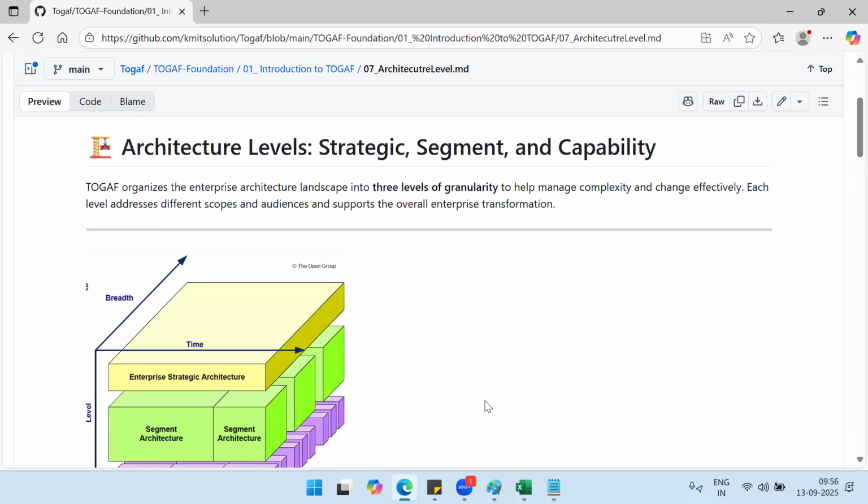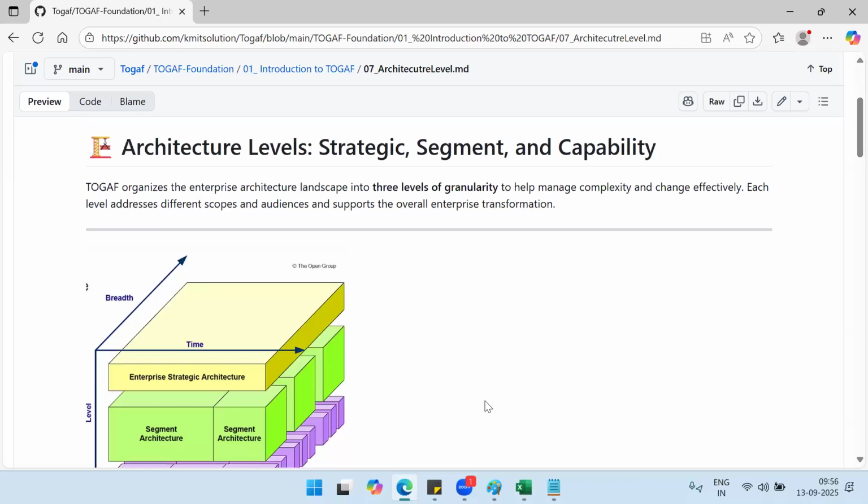Third is the capability. This focuses on the specific capabilities or technology components required to deliver incremental business value, and supports the development and implementation of solutions that realize parts of the segment architecture. So this is further, right? It means in a segment, you have a particular department where you need to work.